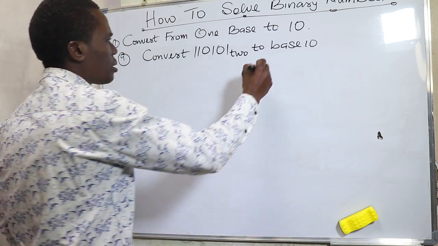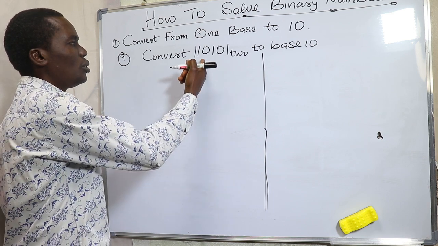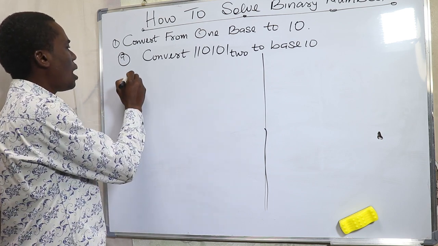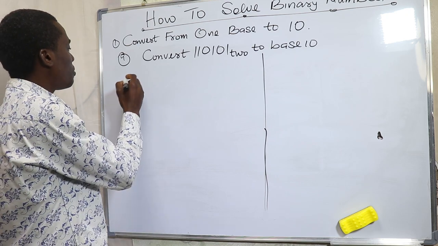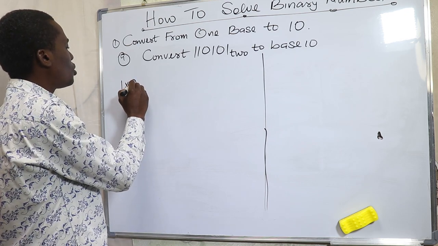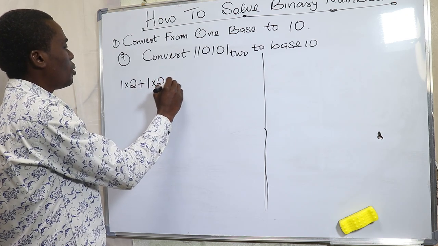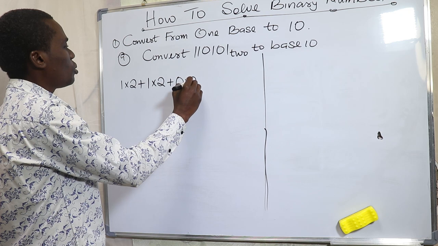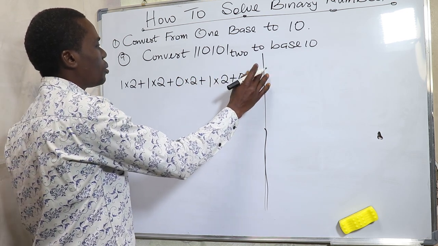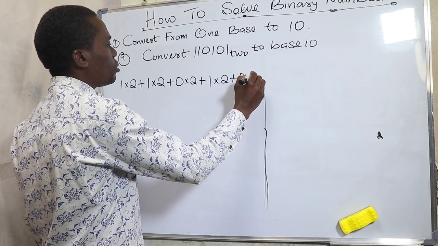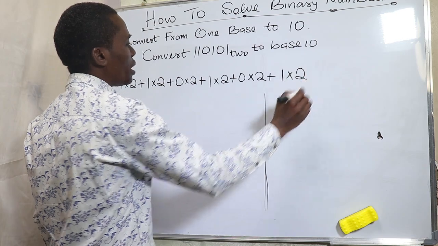Now, let's use the first method. In the first method, we are simply going to learn how to convert it using the power expansion method. So I will have my 1 multiplied by 2, plus my 1 multiplied by 2, plus my 0 multiplied by 2, plus my 1 multiplied by 2, plus my 0 multiplied by 2, plus my 1 multiplied by 2.